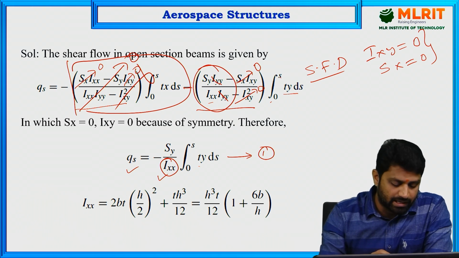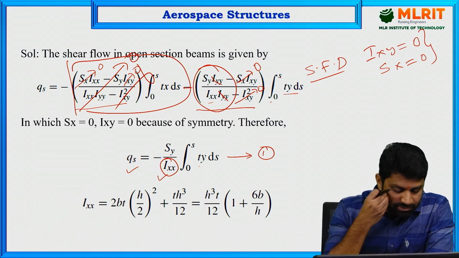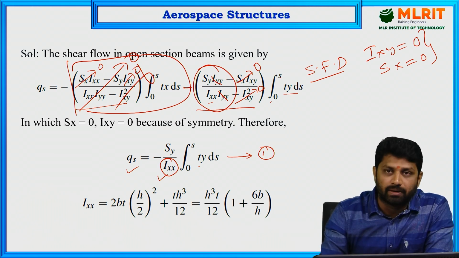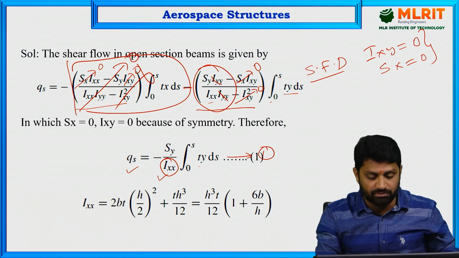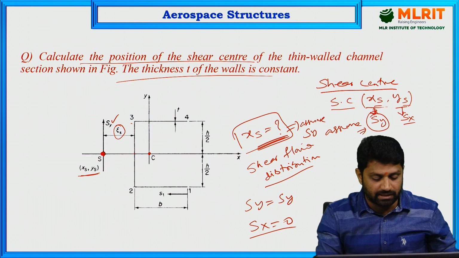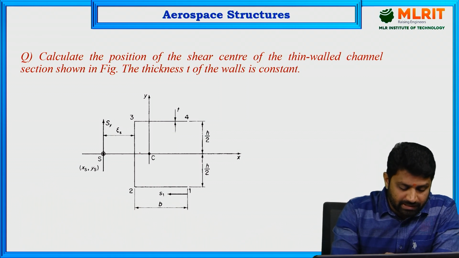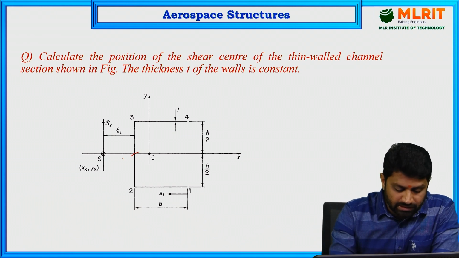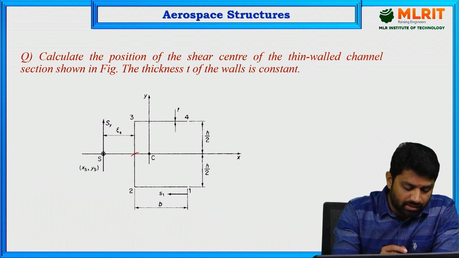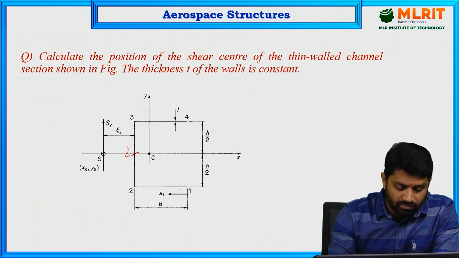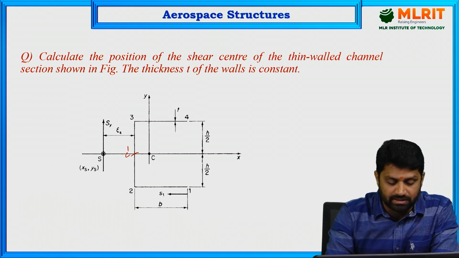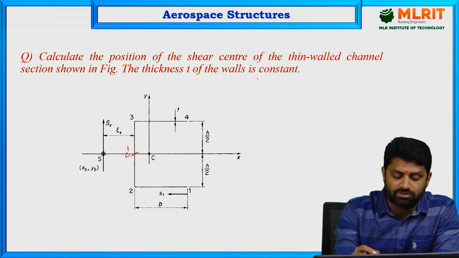Okay, and when you try to establish a relationship for this channel section to calculate the moment of inertia Ixx, let's look into this problem. To calculate this Ixx, you can do it for 1, 2 and 2, C dash, and the rest of the things you can multiply by 2 because of symmetry.